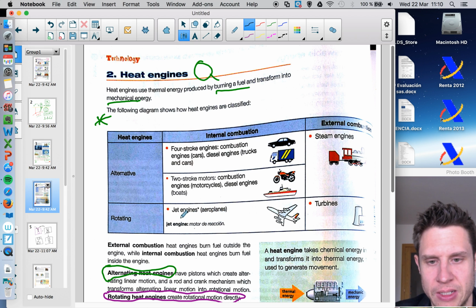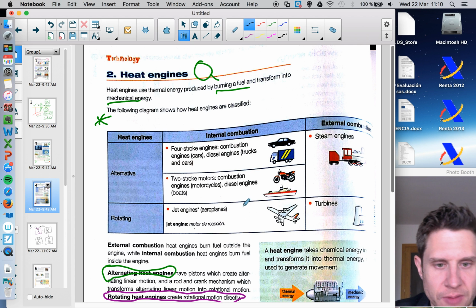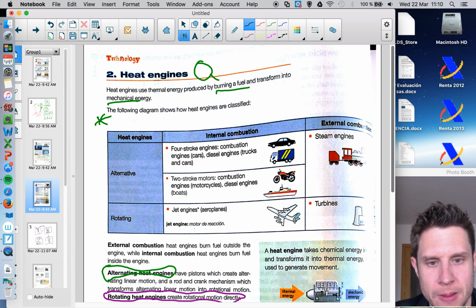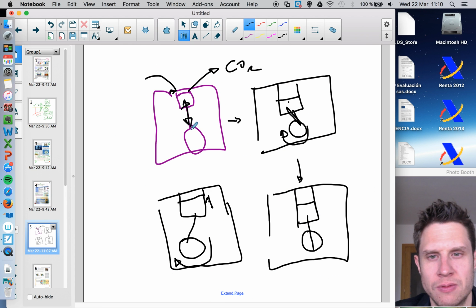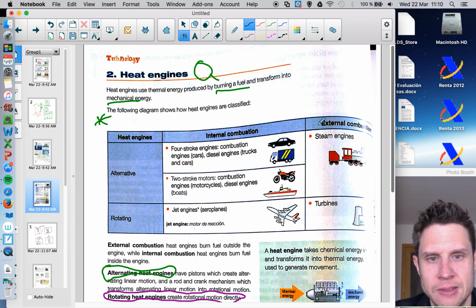They're spinning the fan, the different parts of the fan, and moving the plane forward. And the turbines are the same. The burning is generating a rotation. We don't have, like here, linear to circular. Okay, that's the difference. Now, internal and external.